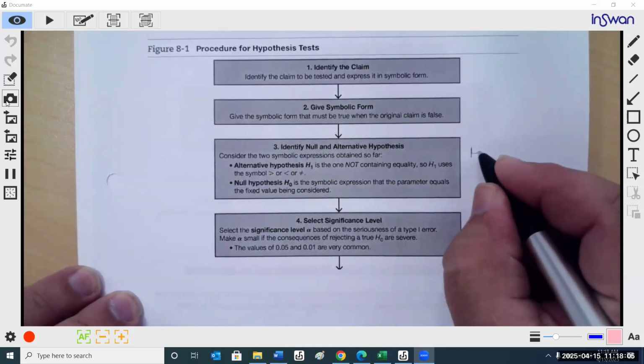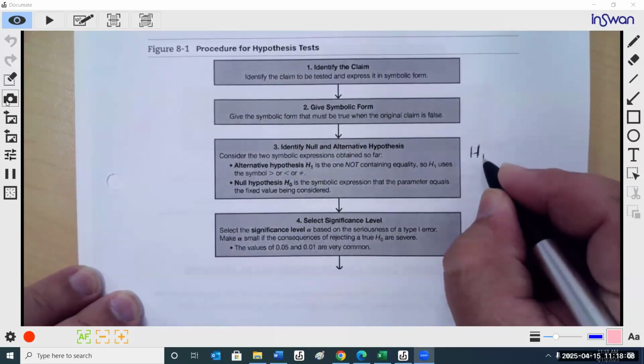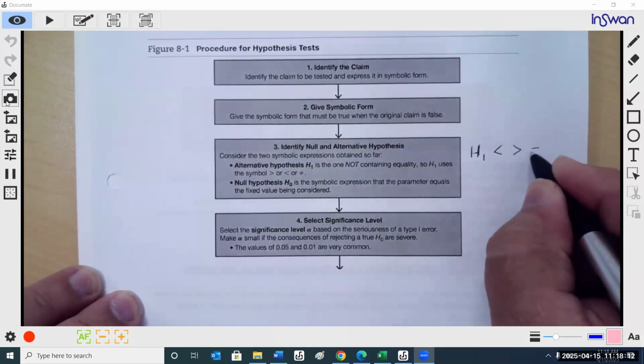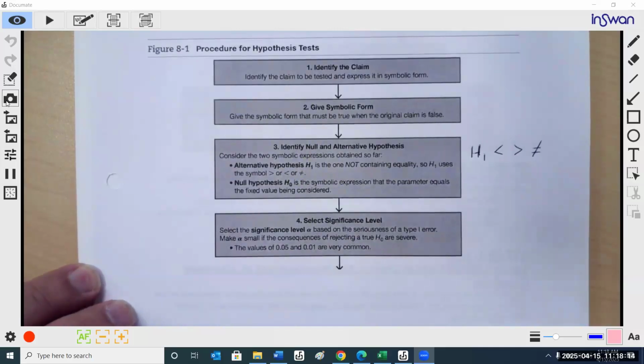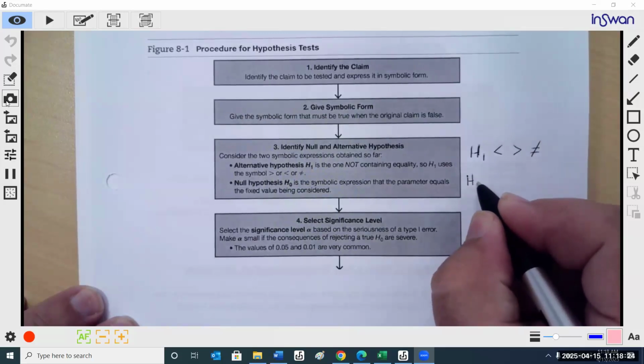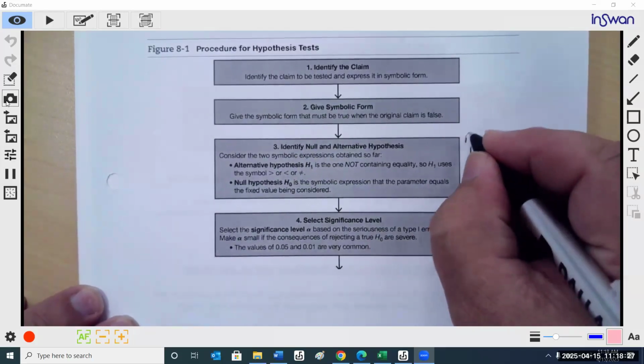So H1 will only be less than, greater than, or not equal to. So that's the alternative.